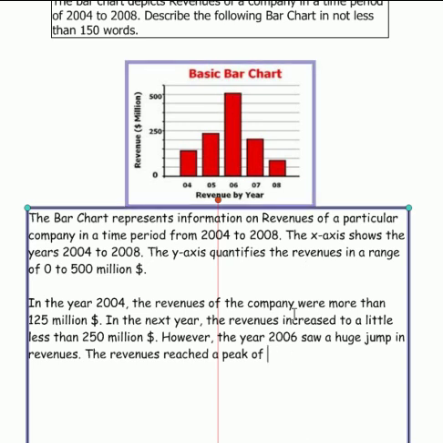So peak of $500 million. Now this is our first body paragraph where we have explained information on 2004, 2005 and 2006.